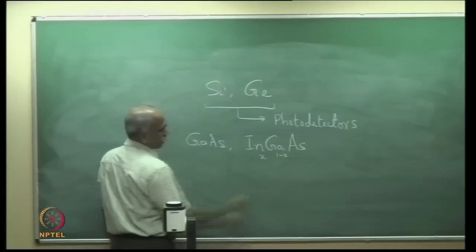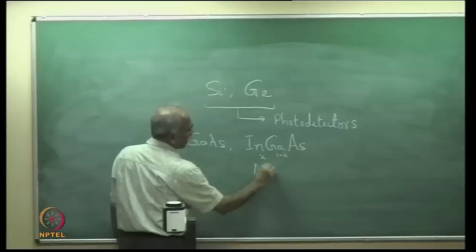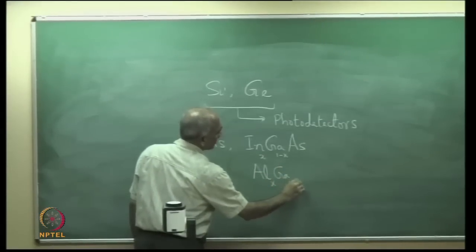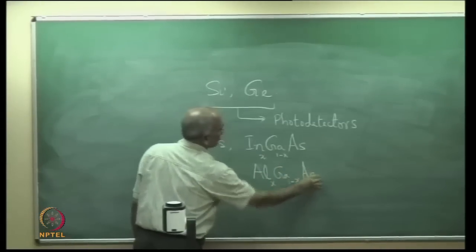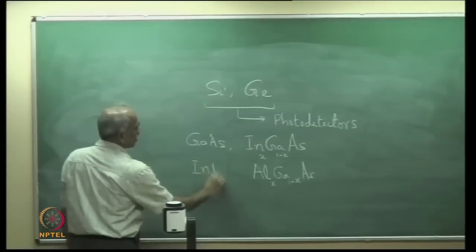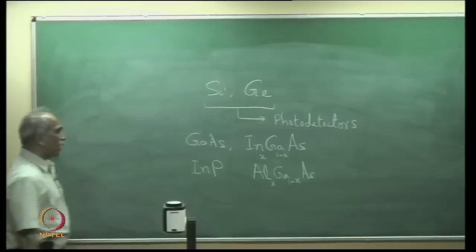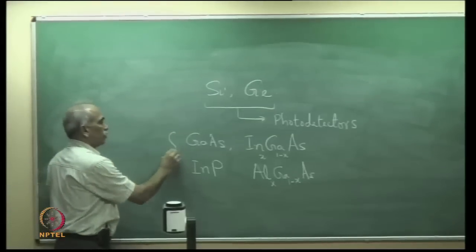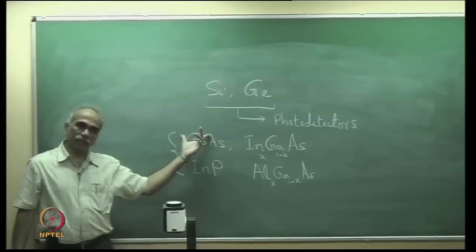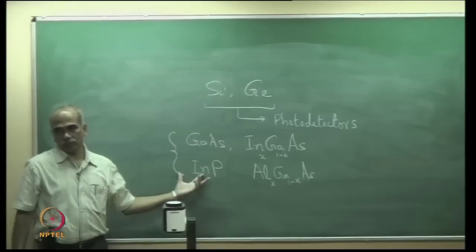Also aluminum gallium arsenide and indium phosphide. The most widely used substrates in optoelectronics are gallium arsenide and indium phosphide.